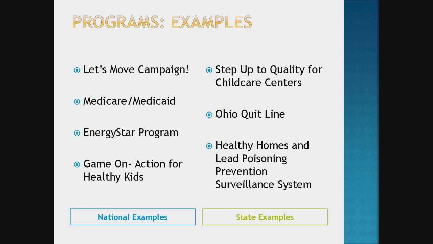Locals could adopt and take the program materials developed by the national campaign and implement them within their own community. Medicare and Medicaid are examples of national programs that provide health insurance and support to the elderly, as well as low-income individuals and individuals who may have disabilities, as well as families and children.